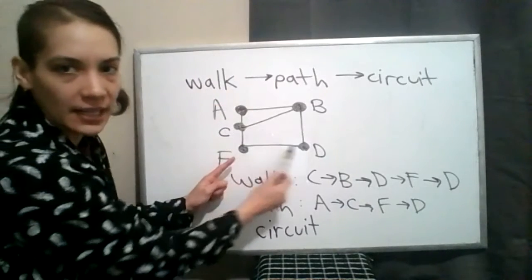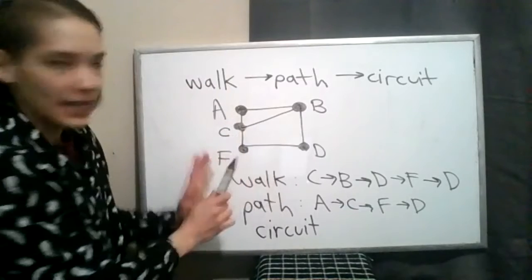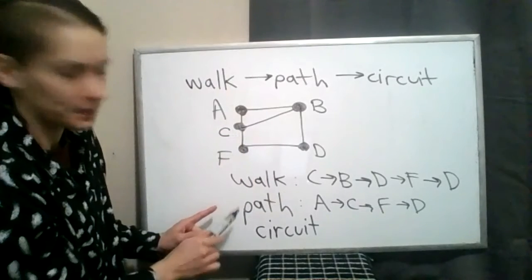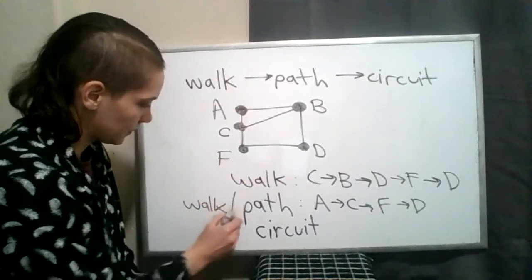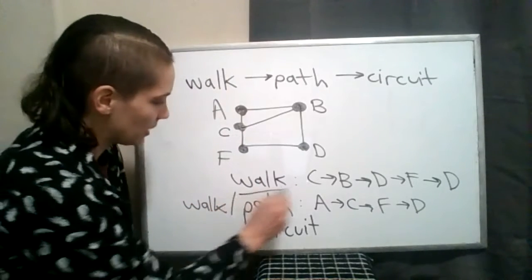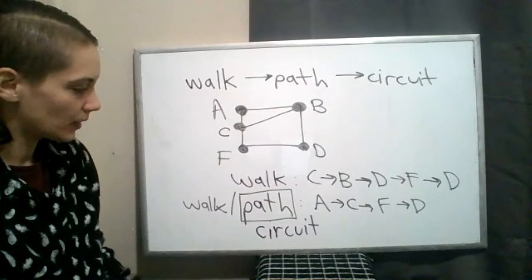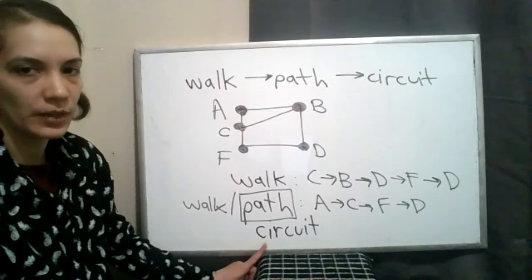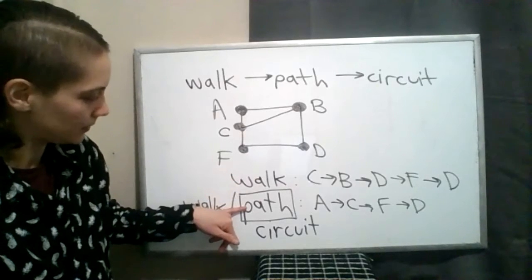From here to here, I had an edge to travel on. So it is a walk and it is a path. But we're going to choose the strongest definition, so we would say path. Okay, a circuit needs to start where it ends, and it has to be a walk, and it has to be a path.